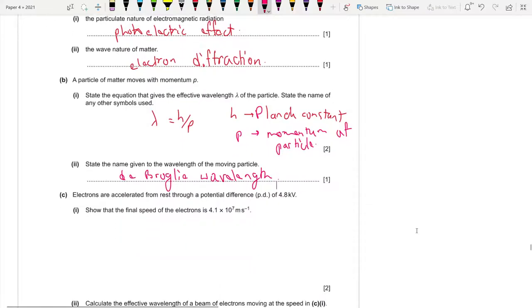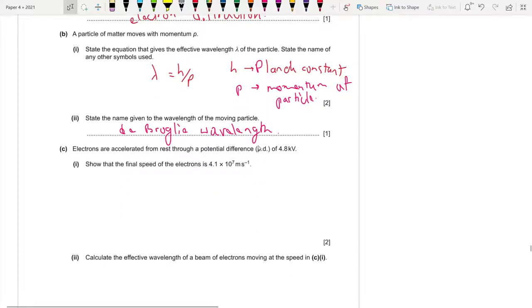Okay, electrons are accelerated from rest through a potential difference of 4.8 kilovolts. Show that the final speed of the electrons is this. Basically, the energy change is a gain in kinetic energy from electric potential energy. K is half mv squared. It is accelerated from rest, right? It is equal to VQ, or Ve basically, because it's the charge of an electron.